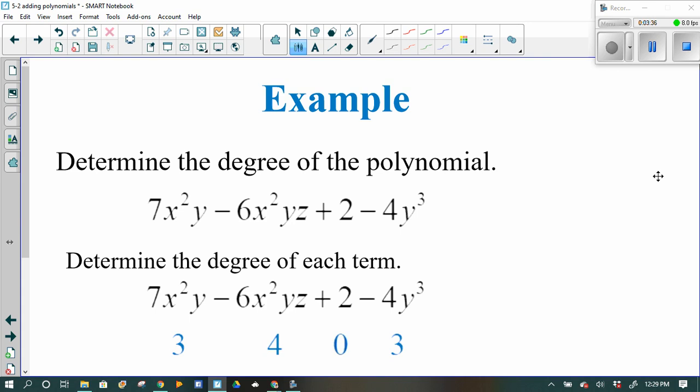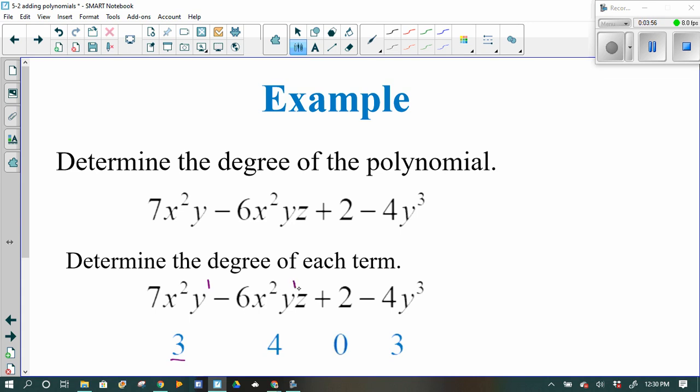Now, if we were to look at this polynomial, 7x squared y minus 6x squared yz plus 2 minus 4y cubed, it says determine the degree of each term. So this x has an exponent of 2 and the y has an exponent of 1, so it has a degree of 3.